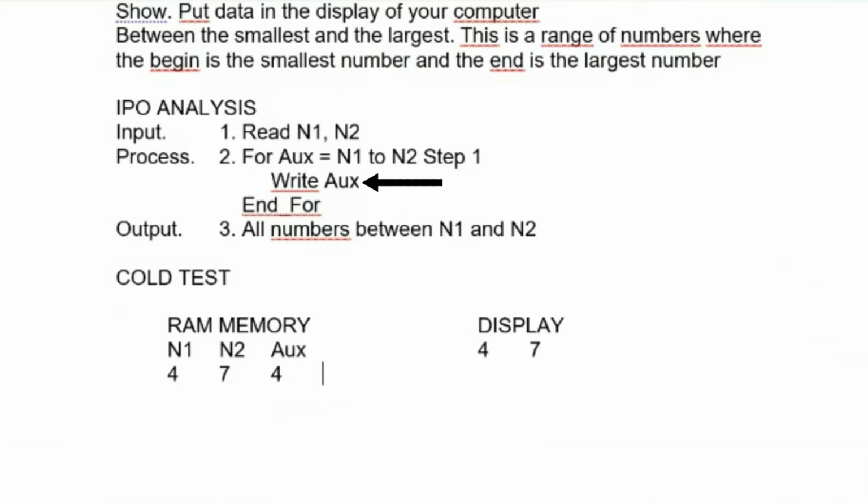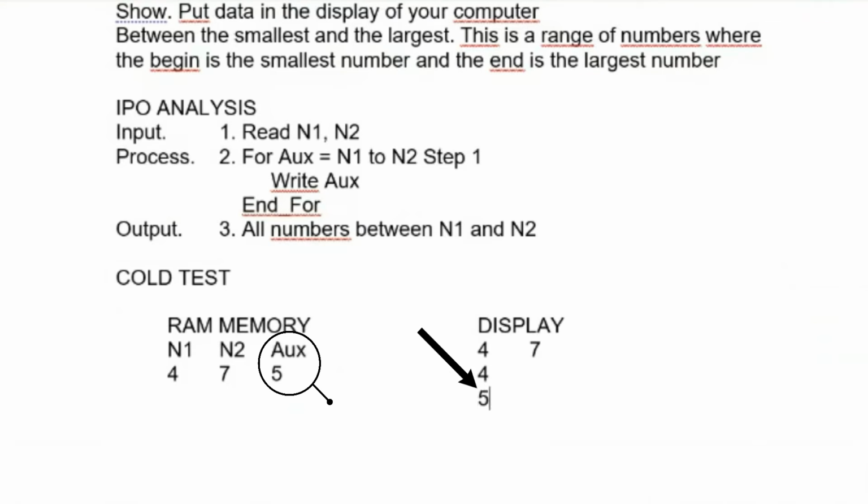Write aus. Write here the content of aus. And end for means you're going to the for instruction. So step 1 means 4 plus 1 is 5. 5 is still less than 7. So write the content of aus.